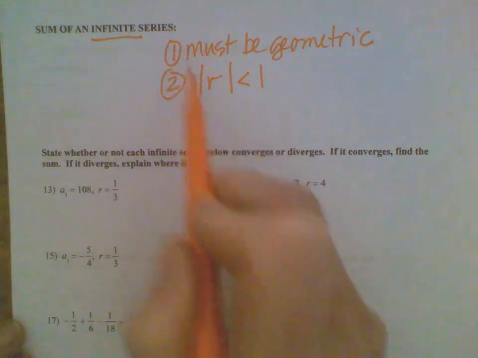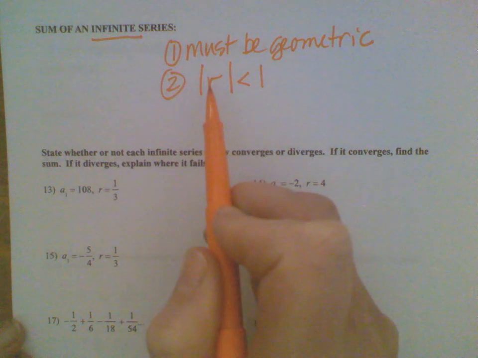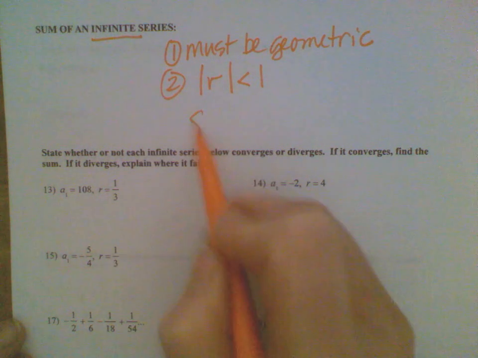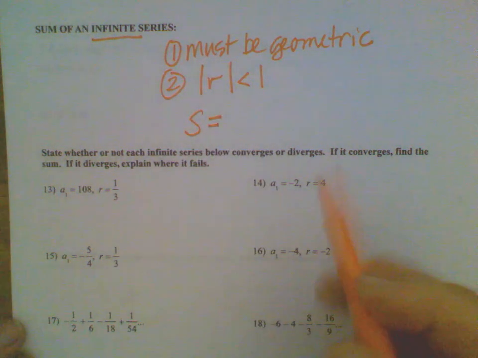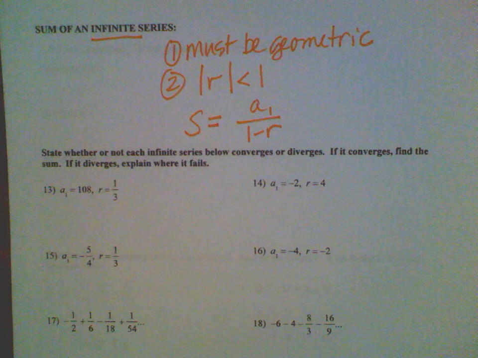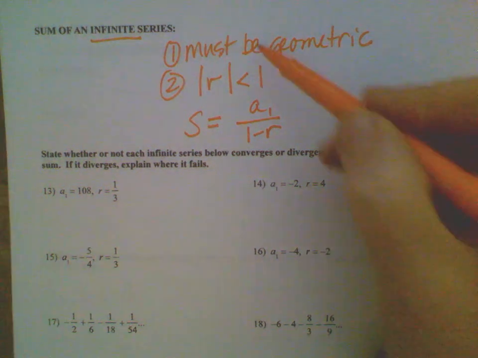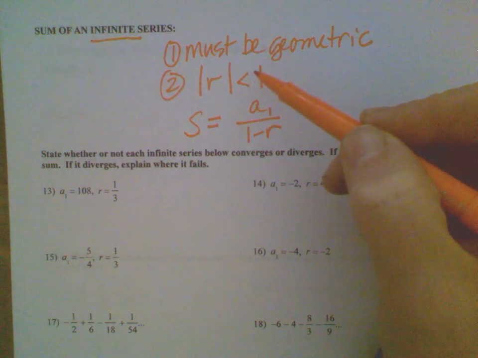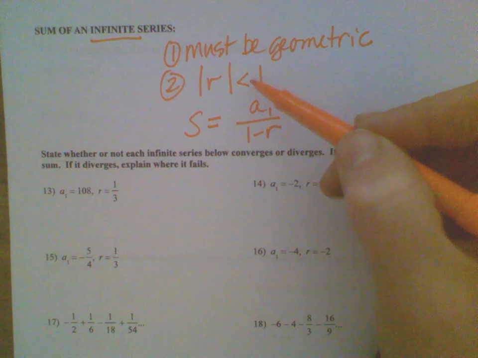If these 2 criteria are met for our infinite series, then we can use that sum formula that we developed yesterday, and that sum formula is a sub 1 over 1 minus r. I hope that looks a little bit familiar to you. If it fails on either of these, then we say that the sum does not exist, or there is no sum for that problem. So now we're just going to put that all together and do a little math.